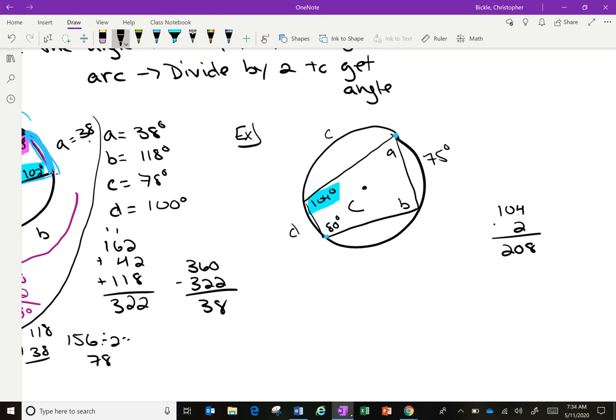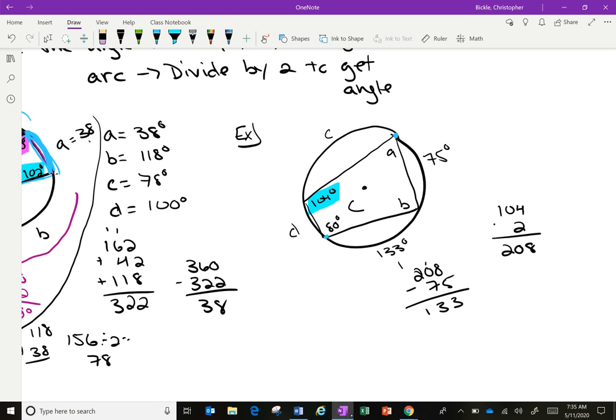So I know the arc AB over here to this point is going to be 208 degrees. If you do 208 minus the 75, not 78, you get 133. So I know that this arc, from B to whatever this blue point is here that I didn't label, has to be 133 degrees.